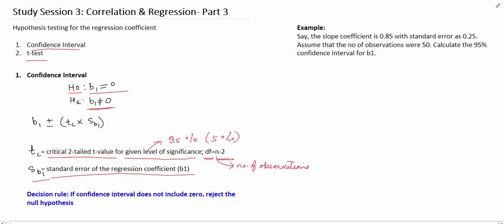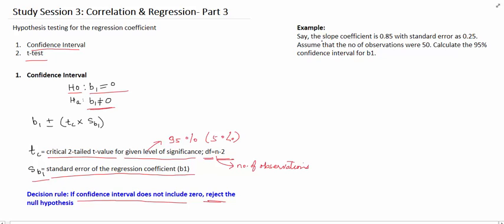Now the decision rule for accepting or rejecting the null hypothesis is that if the confidence interval does not include 0, then we reject the null hypothesis. Let us understand how we can get to the confidence interval with the help of an example.